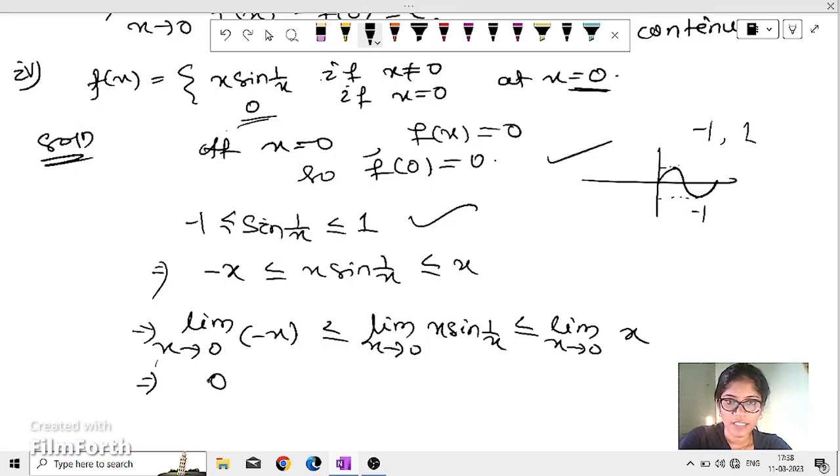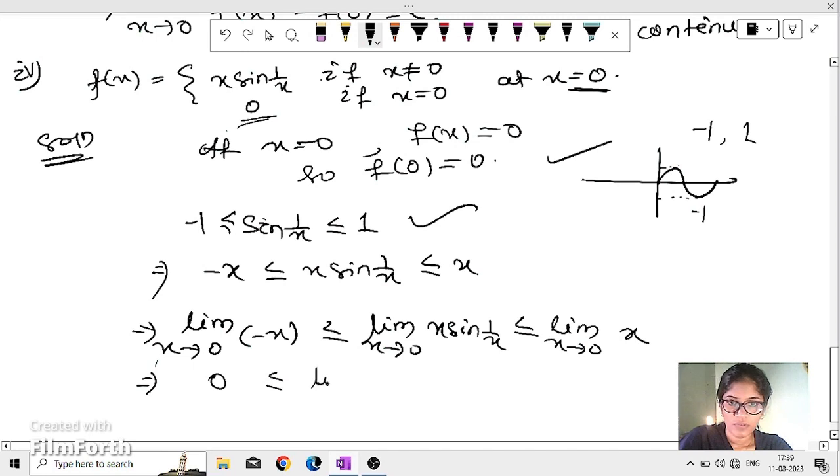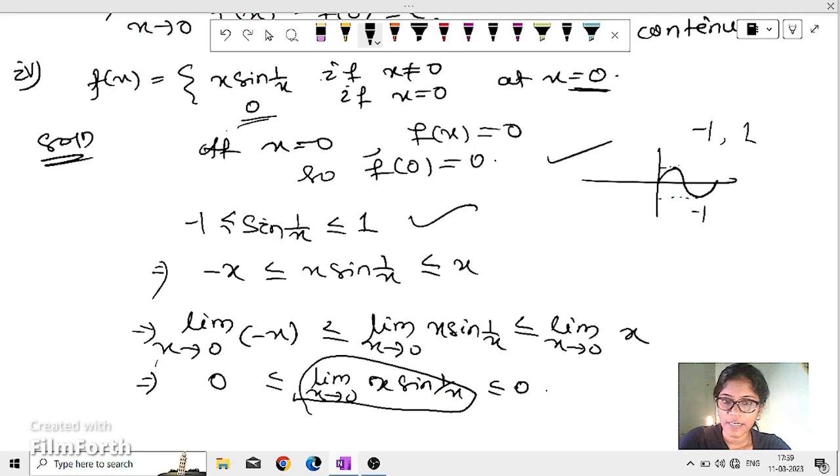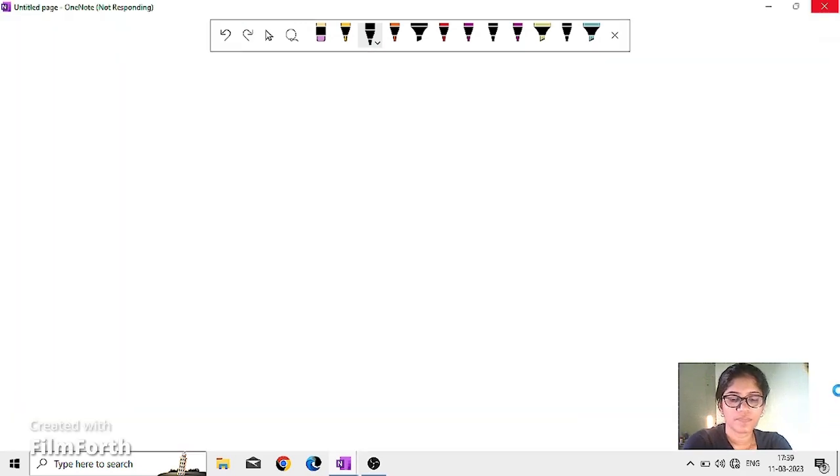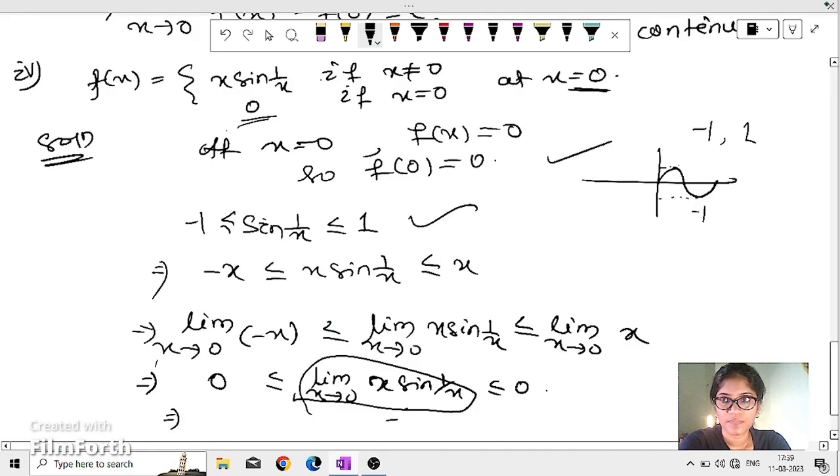So 0 is less than or equal to limit x tends to 0 x sin 1 by x, which is less than or equal to 0. From these two statements, by the sandwich theorem, we conclude that limit x tends to 0 x sin 1 by x is equal to 0.